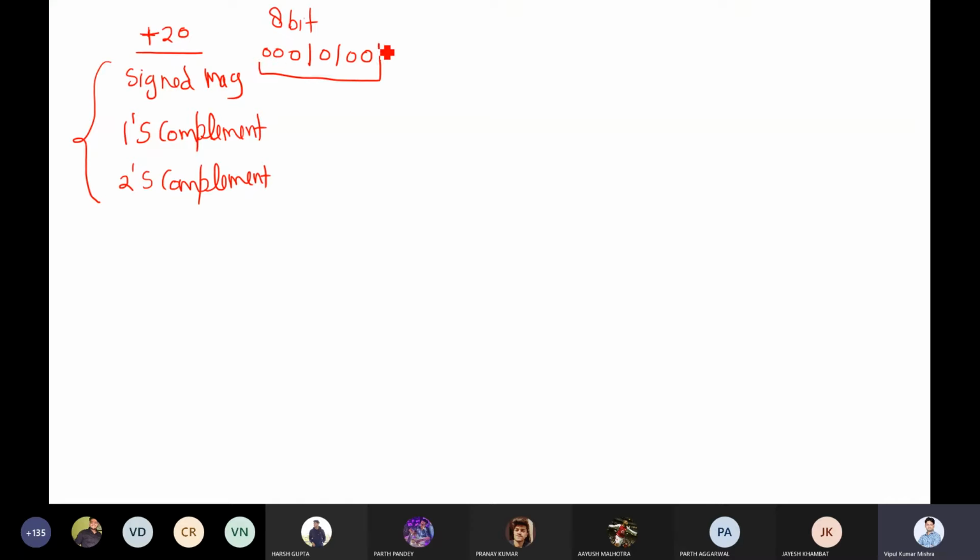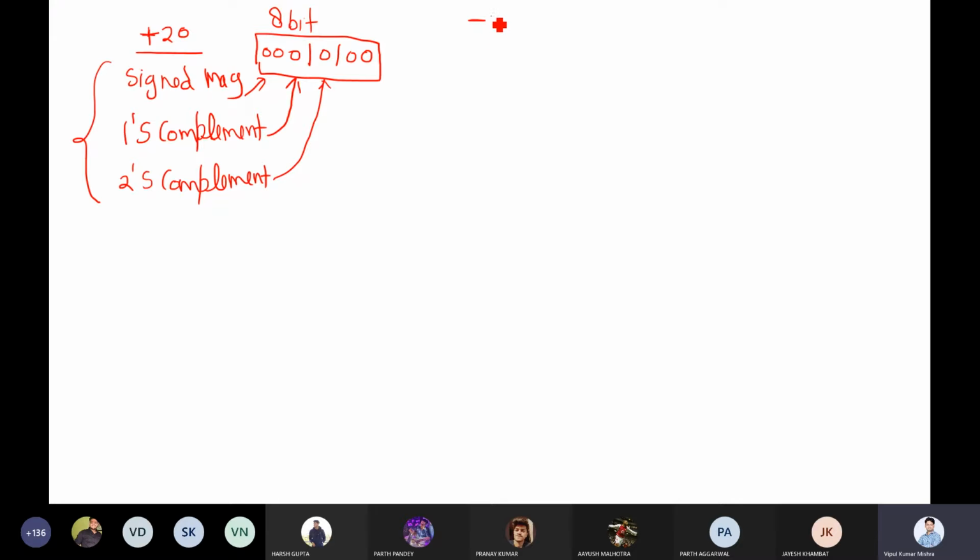So this will represent plus 20. Now either you use signed number, that is also plus 20, the same way, or you use one's complement, or two's complement. Means whenever you represent a positive number, there is only one way to represent it. There are not three other ways to represent a positive number.